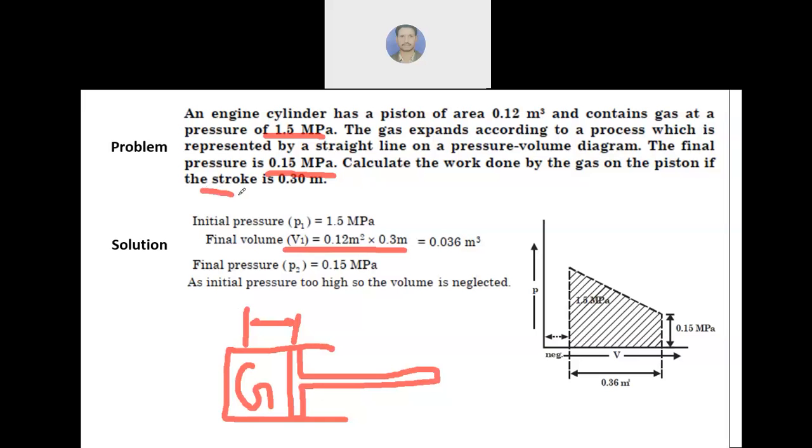The area of the piston will always be the same, and the stroke means the final position, which is 0.3 meter. So the final volume will be 0.3 into 0.12.